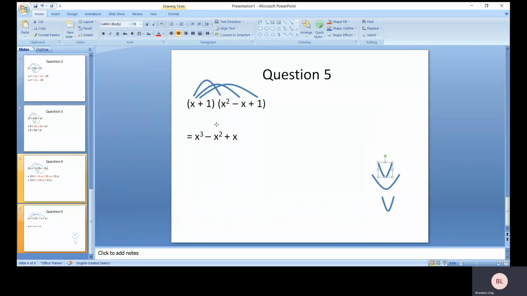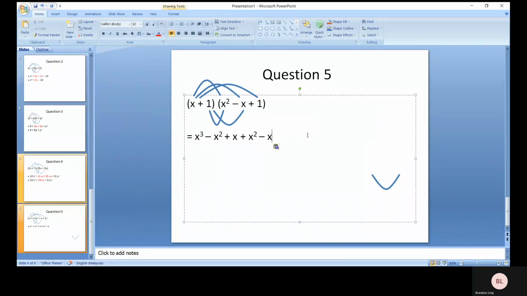Next, we move on to the next here. 1 multiplied by x squared, you get positive x squared. Positive 1 times negative x, you get minus x. And lastly, 1 times 1, you get positive 1.